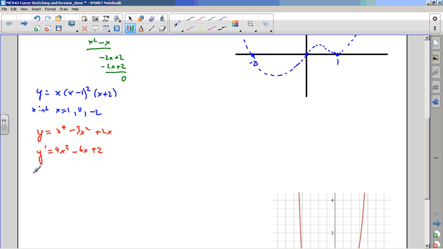Right, great. So then I'm going to set y prime equal to 0. And what do I got? Guess what? It's another cubic. Right, so this is another factor theorem.